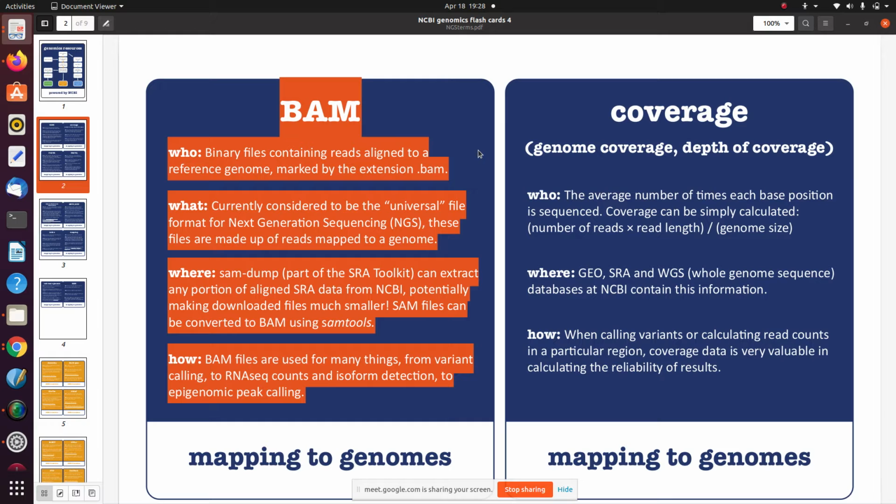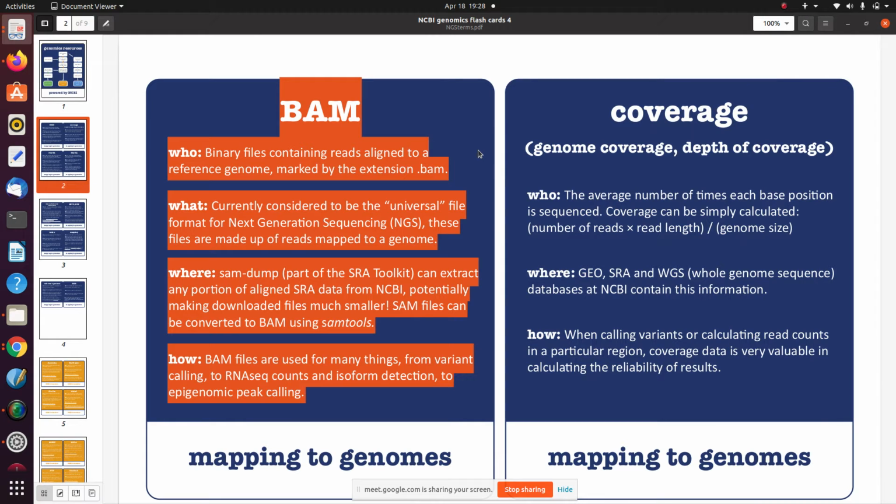Currently considered to be the universal file format for next generation sequencing. These files are made up of reads mapped to a genome. SAM dump, part of the SRA toolkit, can extract any portion of aligned SRA data from NCBI, potentially making downloaded files much smaller. SAM files can be converted to BAM using SAMtools.